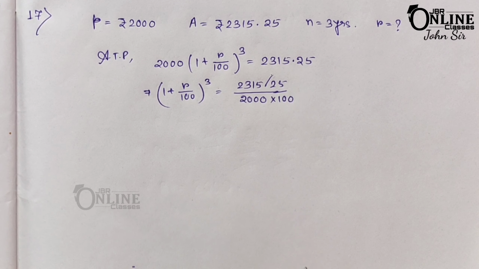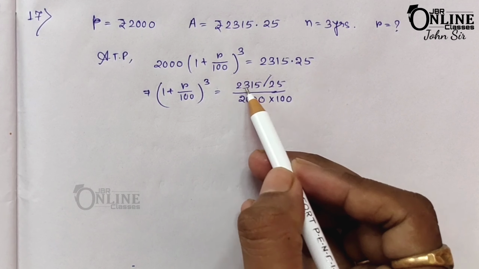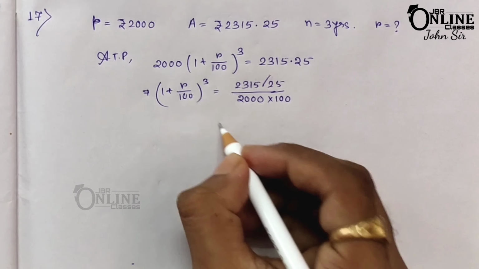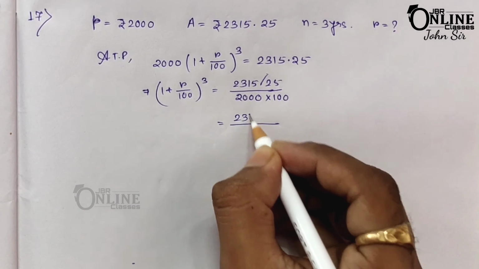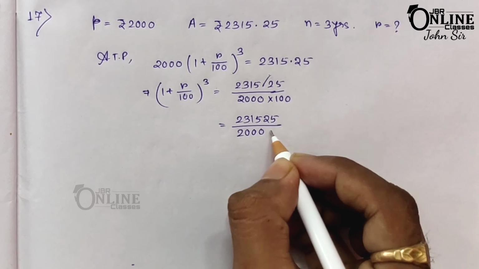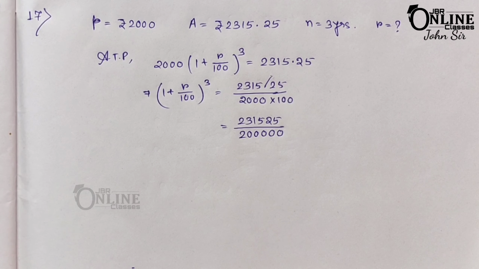Now the upper one will be 231525 and the lower one 2 and 5 zeros. So it will be 231525 divided by 2 and 5 zeros.